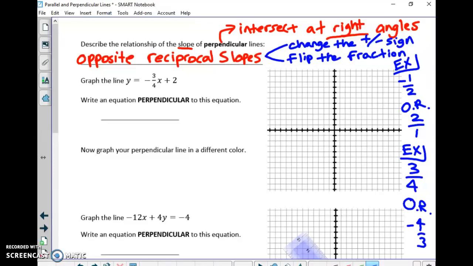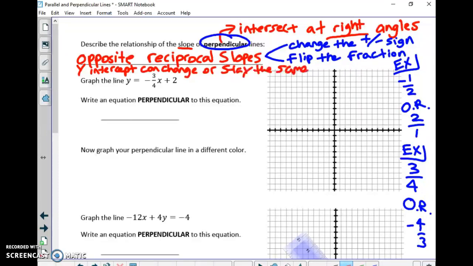Okay, so those are 2 examples that I wrote off to the side of what it looks like to put an opposite reciprocal. But you have to know that on this side of the page, when we talk about the word perpendicular, you're going to take the slope and change it to the opposite reciprocal. Now, right below this, the y-intercept can change or stay the same.